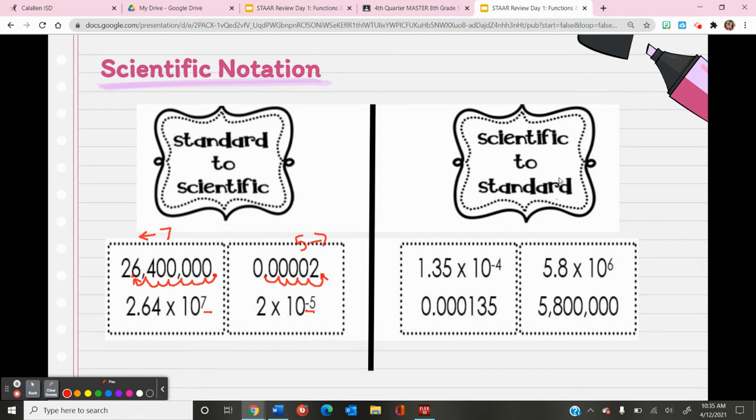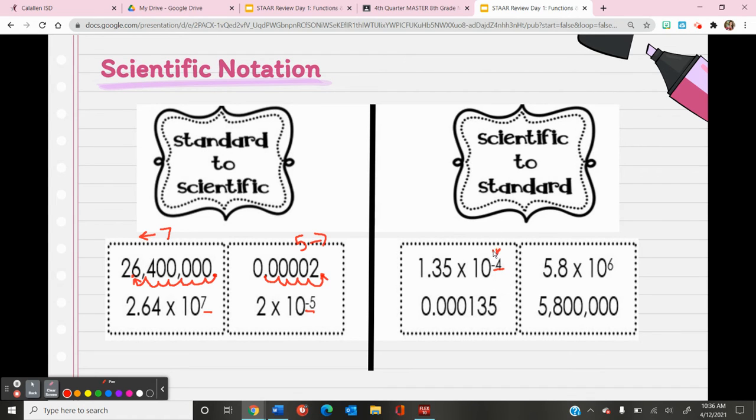And then we also have scientific to standard notation. So scientific to standard notation, you start off with your answer in scientific form, and we want to get it into standard form. So what these numbers mean, I'm going to look at my exponents to see how I'm going to manipulate my number to get to its expanded form or its standard form.